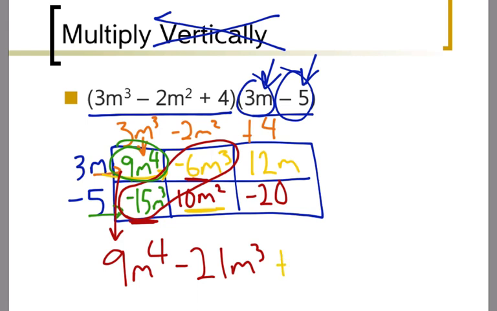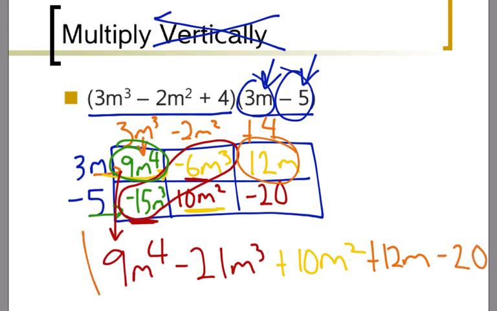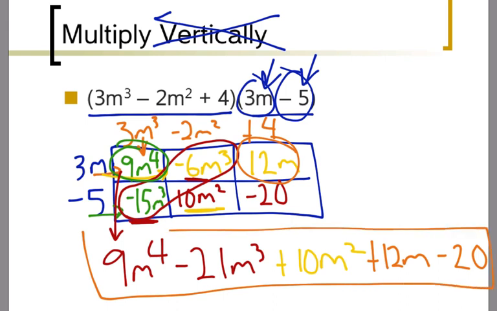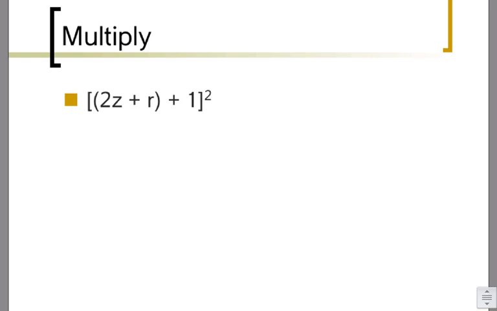So I say plus 10m squared. And then I have my 12m next, plus 12m. And finally I have negative 20 left in the box. So you do the multiplication of the box, and then you write your answer out on one line in descending order of powers.